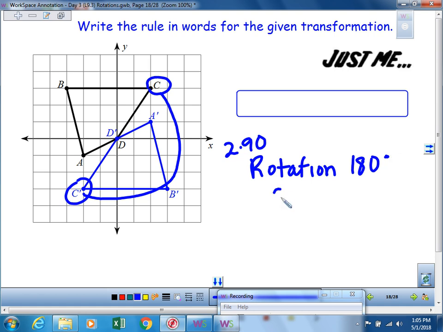And then you would just say about the origin. Okay? So can you go the other direction? You can. It's going to be more writing when it's 90 or 270. Okay, and I know a lot of you like to take the shortest amount of work necessary. Yes, question?